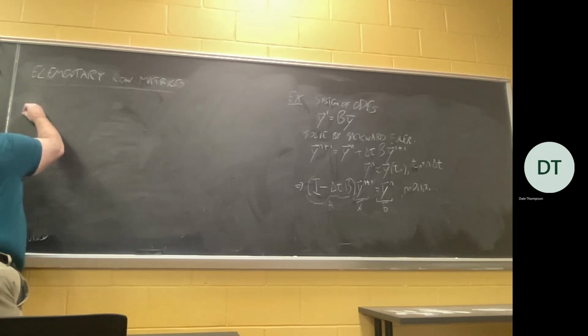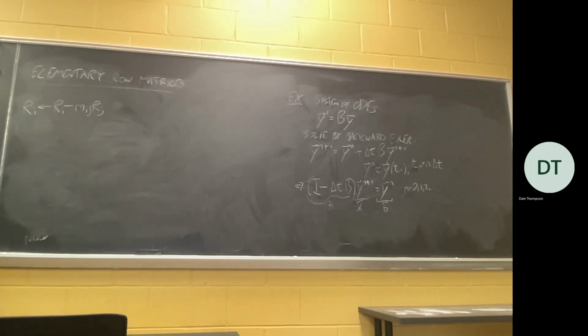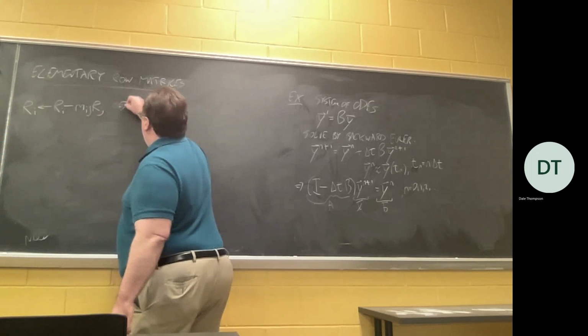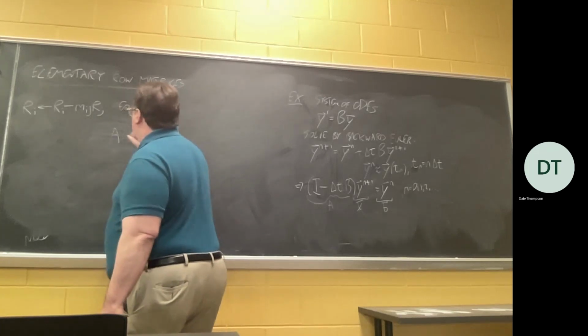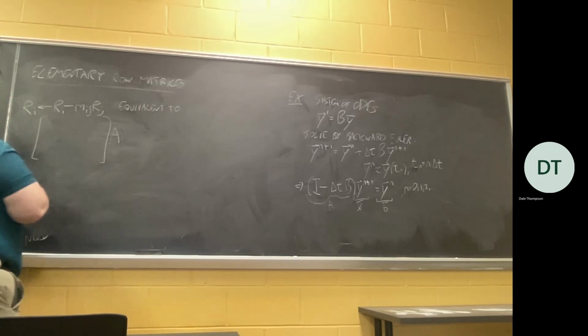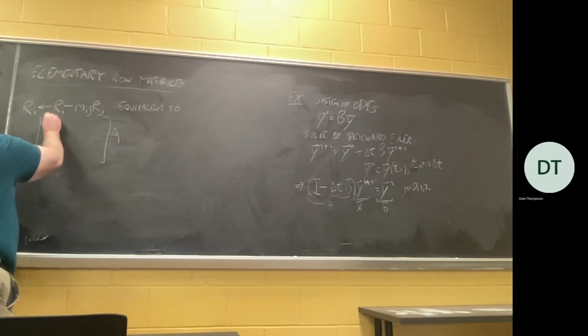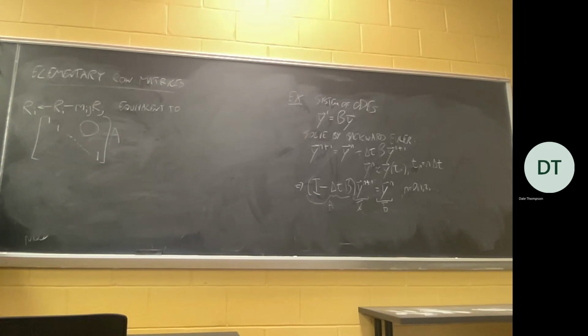So the row operation that we care about, row i is overwritten with itself minus multiplier times row j, is equivalent to the following, where you take your matrix A and multiply it on the left by a matrix that is identity, except for one thing: in row i and column j, we have a single nonzero element, minus m_ij.